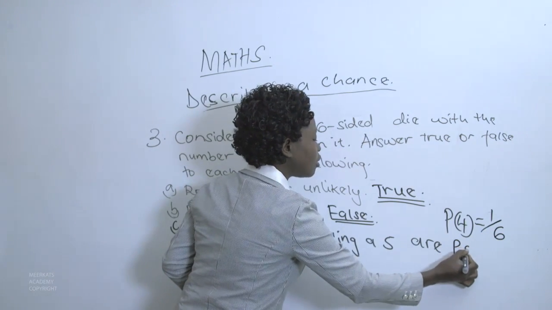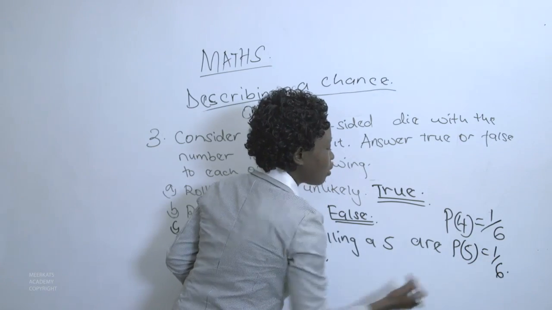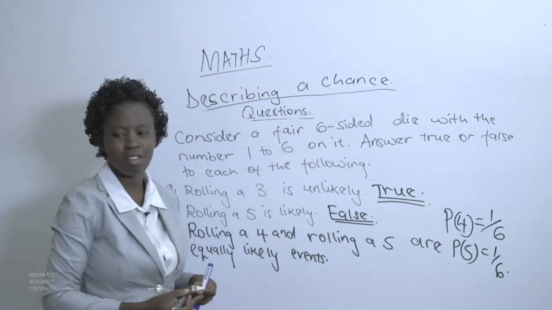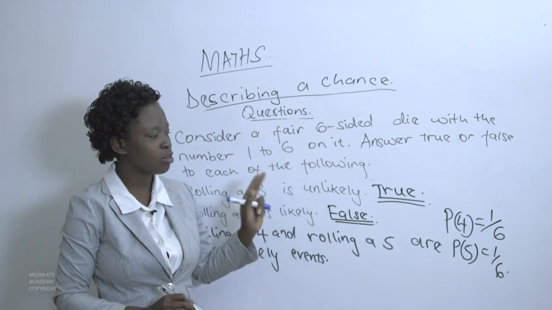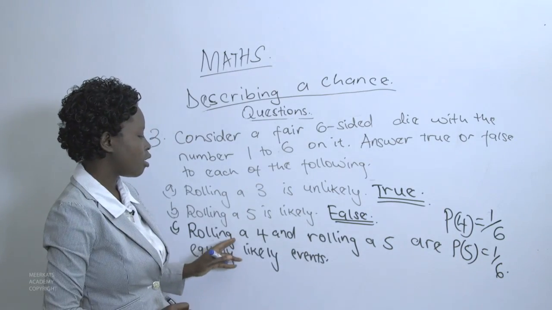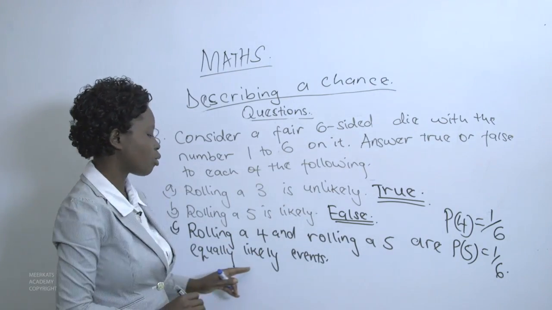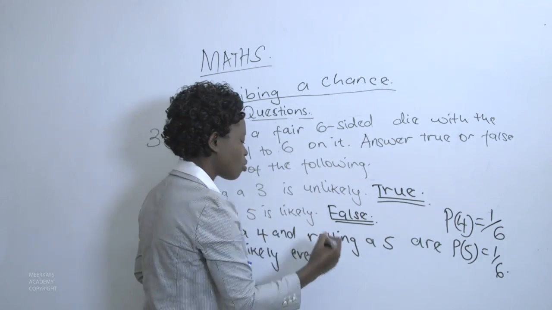Then the possibility of rolling a 5 is also 1/6. So the two of them have equal chances of occurring. Since rolling a 5 and rolling a 4 have equal chances of occurring, the statement that rolling a 4 and rolling a 5 are equally likely events is true. So this one is true.